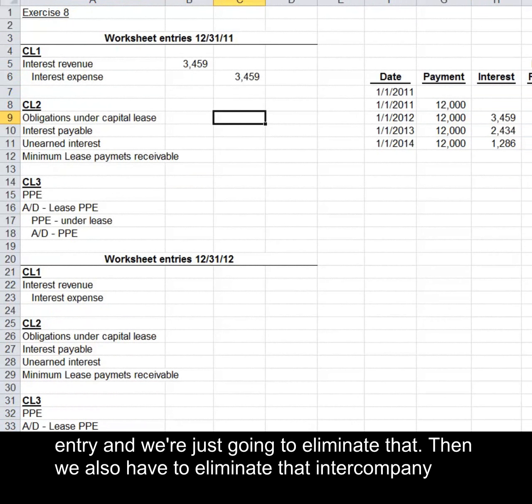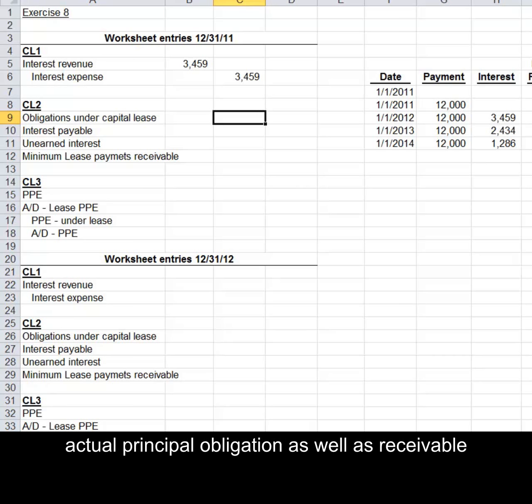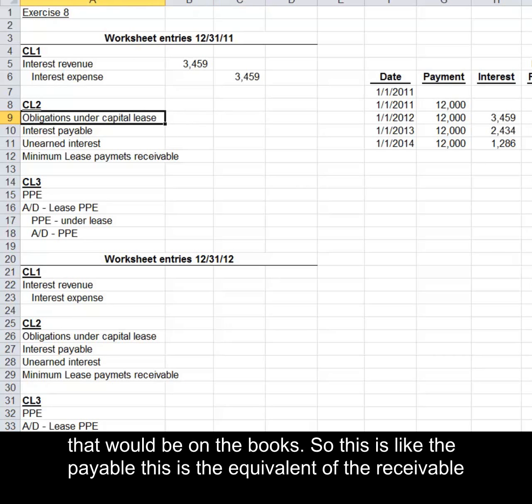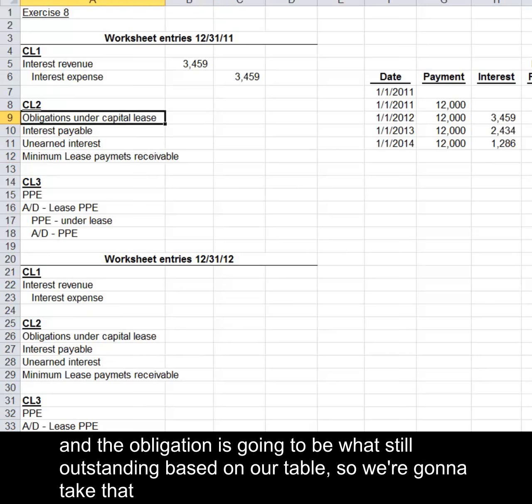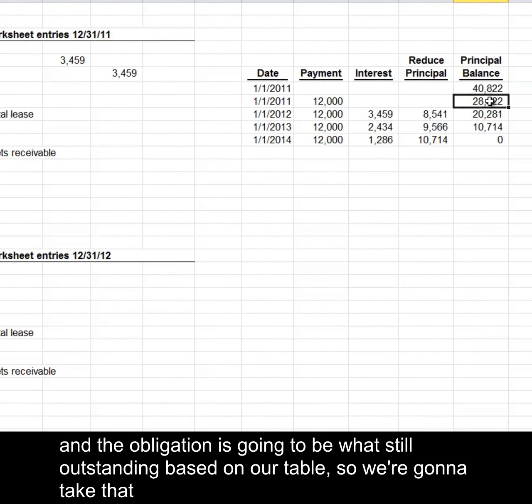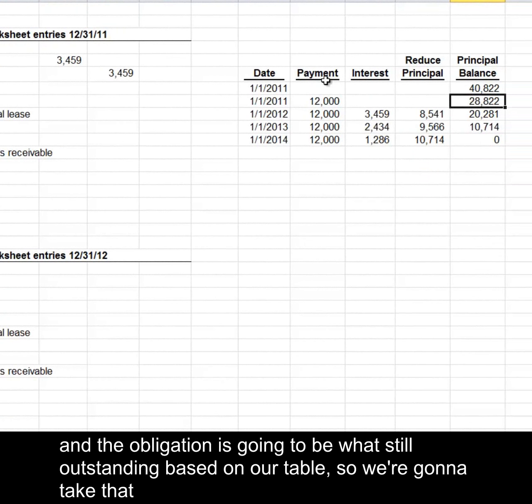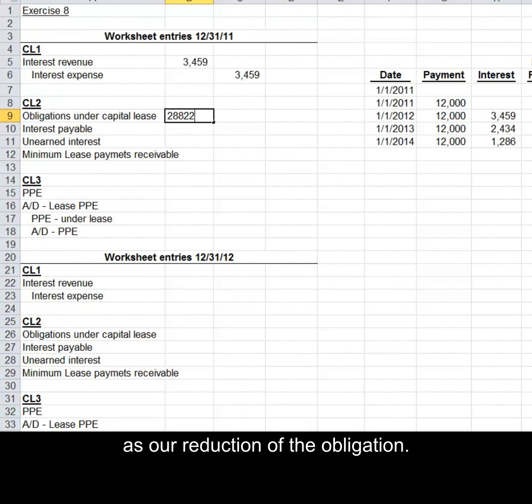Then we also have to eliminate that intercompany actual principal obligation as well as receivable that would be on the books. So this is like the payable, this is the equivalent of the receivable. And the obligation is going to be what's still outstanding based on our table. So we're going to take that as our reduction of the obligation.